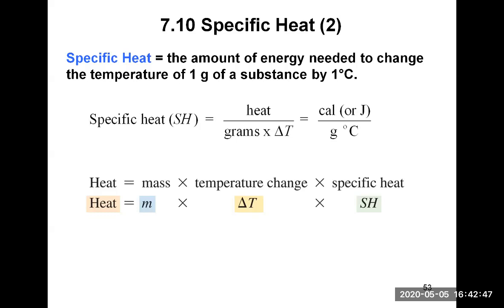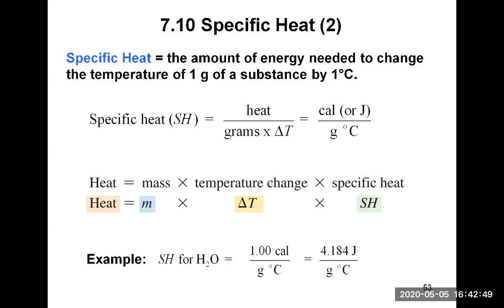And so an example of a specific heat is the one for water here. By definition, the calorie is the amount of energy needed to change the temperature of 1 gram of water by 1 degree Celsius.